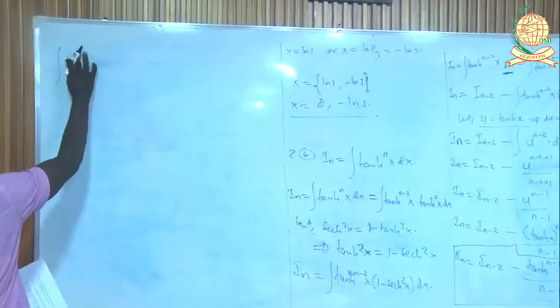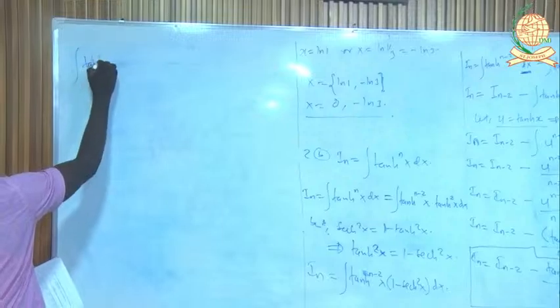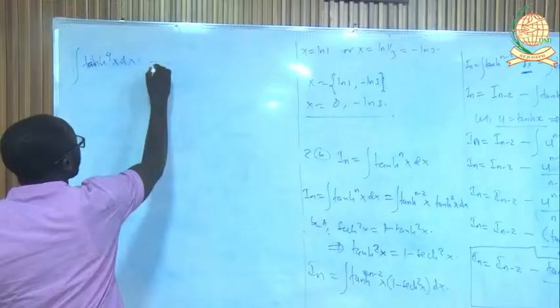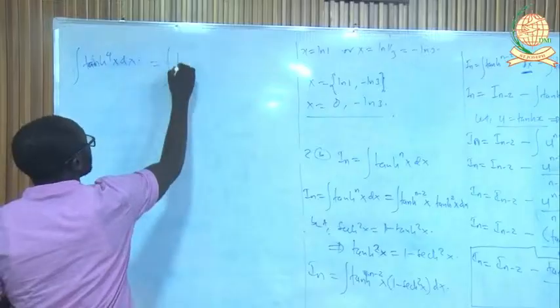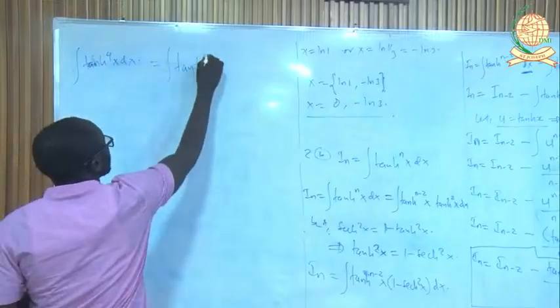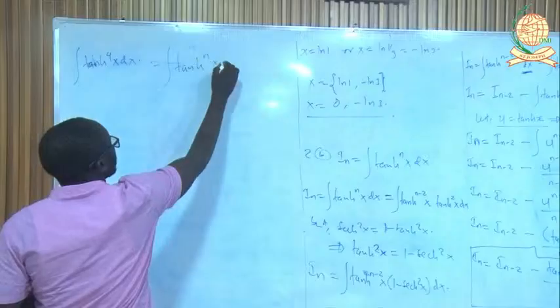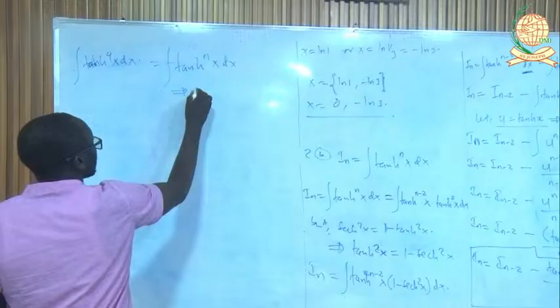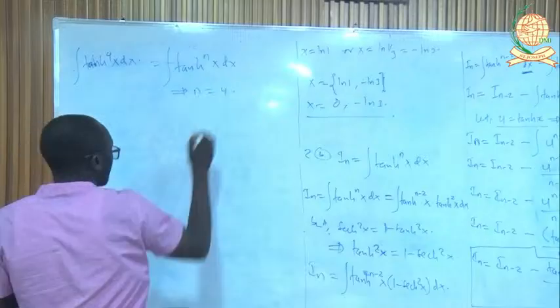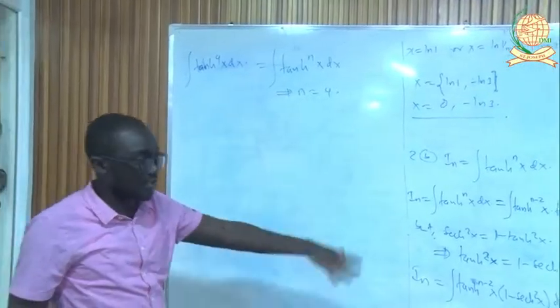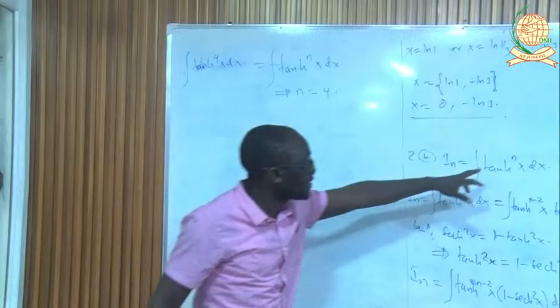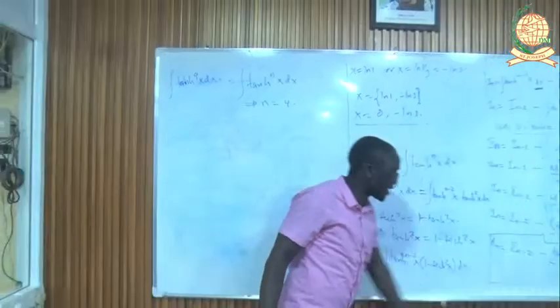If you compare this with the original function, tanh power nx dx, you can see clearly it's the same thing for the specific value of n equals 4, and we have the result here, so we're going to use it.